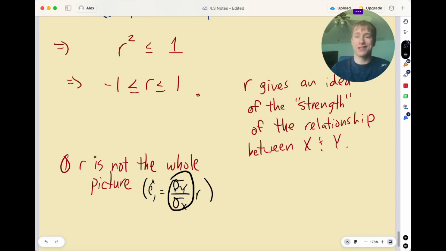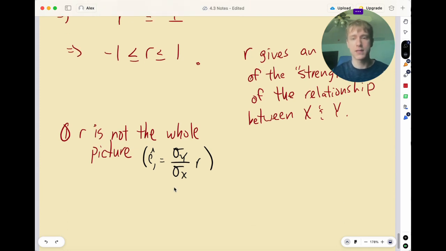So you can have a slope of 10, for instance, and this is kind of how. Maybe the standard deviation of the variable x is really small, while the standard deviation of the random variable y is all over the place. So that kind of plays into it as well. Okay, so that's the first thing that I wanted to point out.